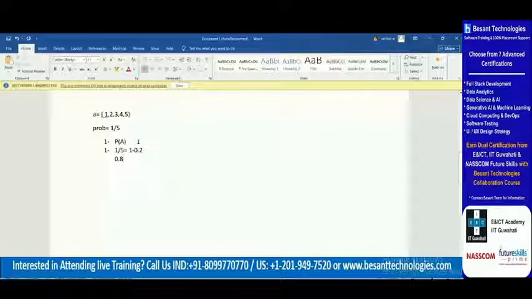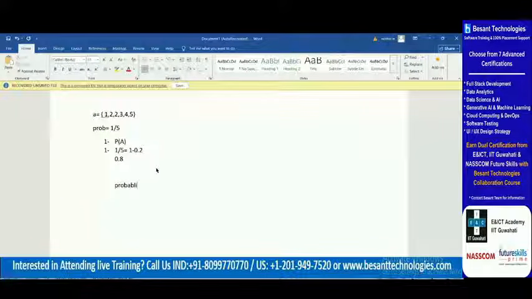If you are aware of the positive events, what if I ask you the probability of getting 2? One by 3. How 1 by 3? There are a total of 6 elements.